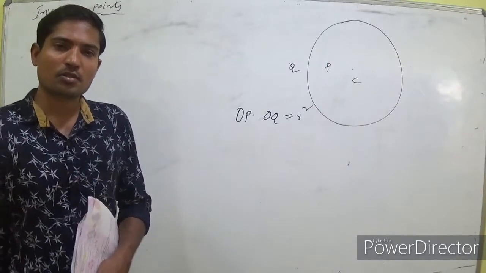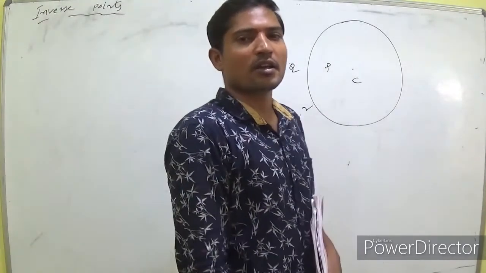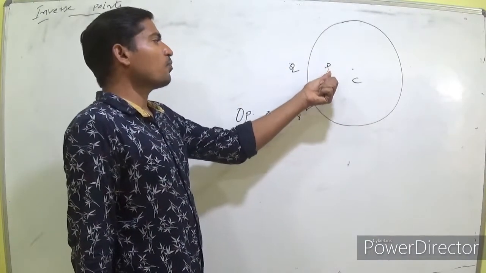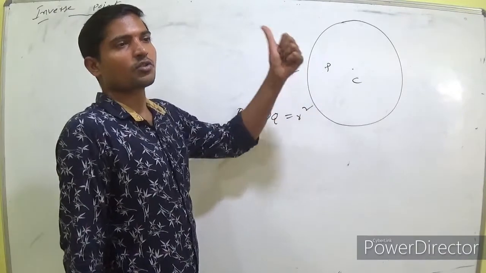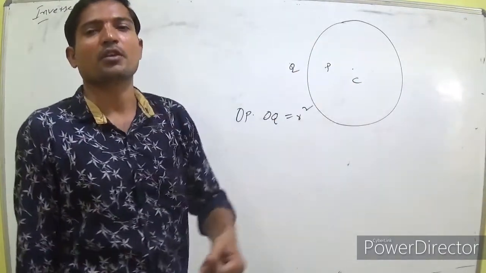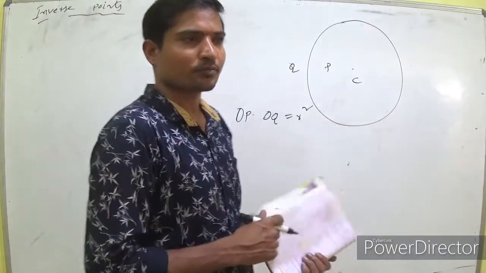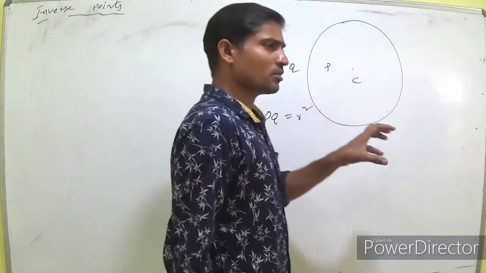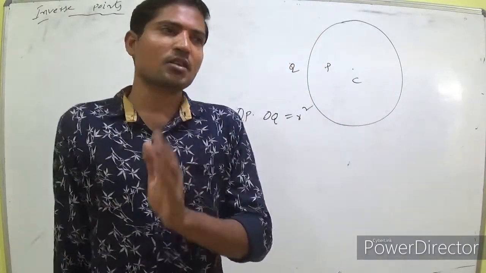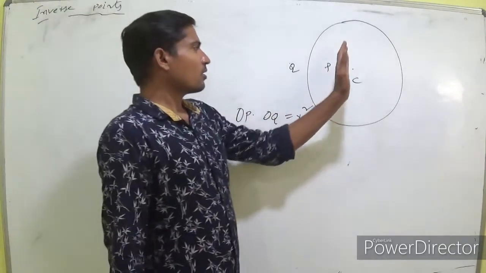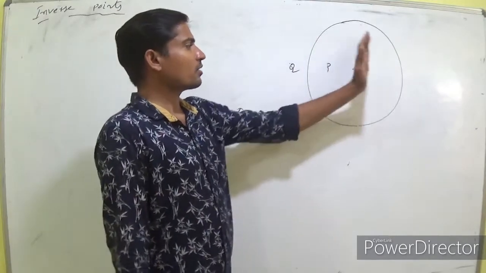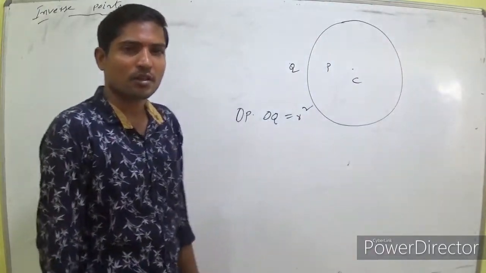Then such points are called inverse points. Here P is the inverse point of Q, and the inverse point of Q is P. Understand? The 2 points should be inverse points which lie on the same side of the center of the circle. This side, other side, this is the other side of the center.